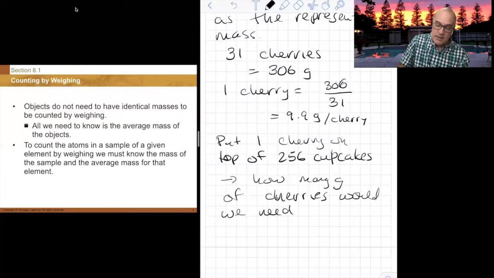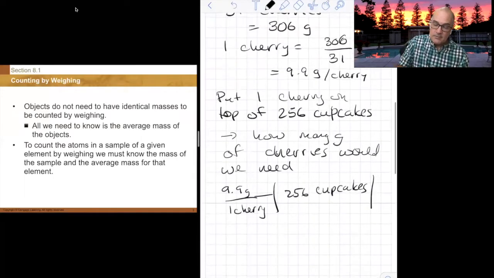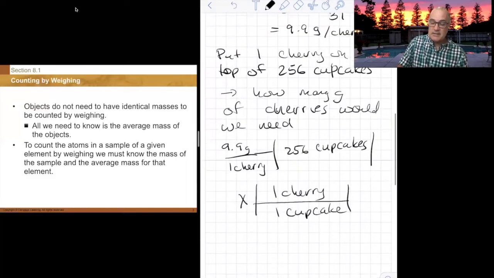So we say, okay, 9.9 grams for one cherry. And we multiply this by 256. Let's do full dimensional analysis, right? Cupcakes. And we're going to multiply this now by one cherry on one cupcake. So that's the full dimensional analysis.